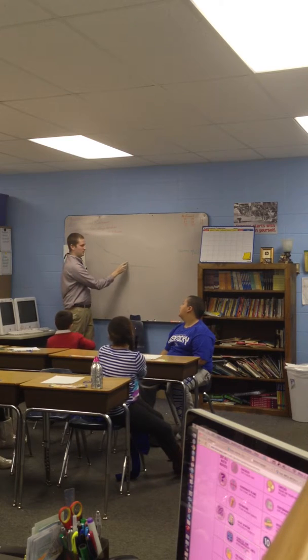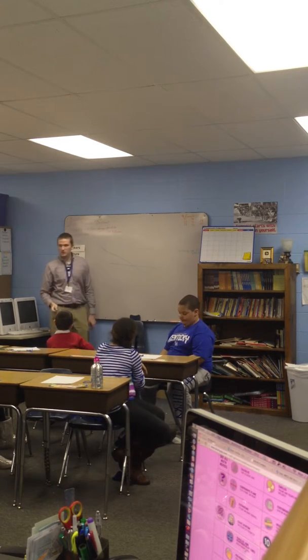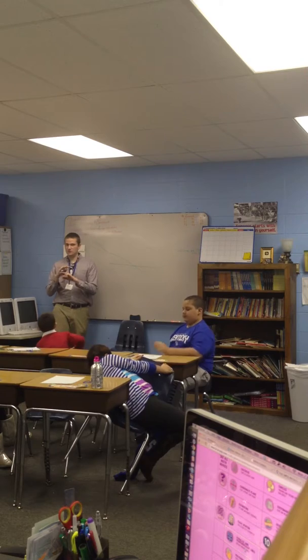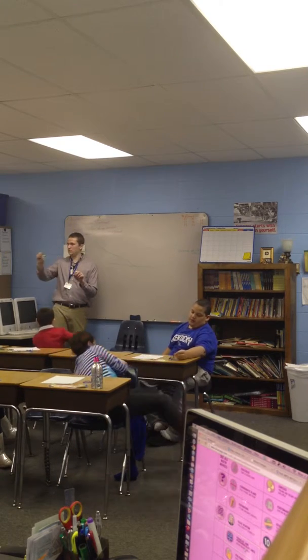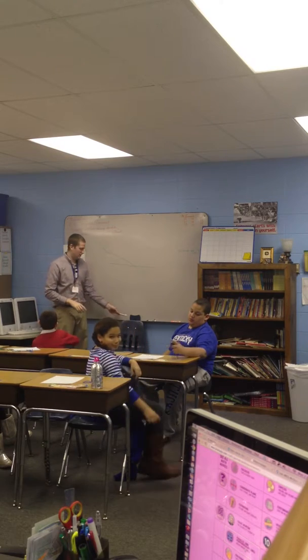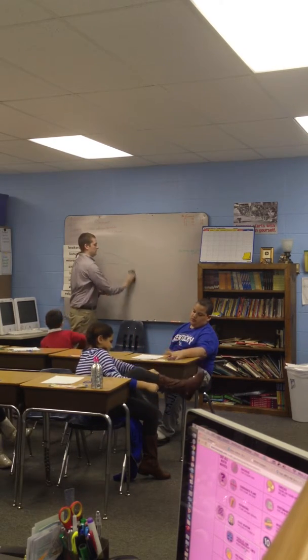But now what if I kept it going this way? It would intersect there. So don't let that trick you. Parallel lines are equal distance all the way through. There's equal space in between the two lines, or three lines.